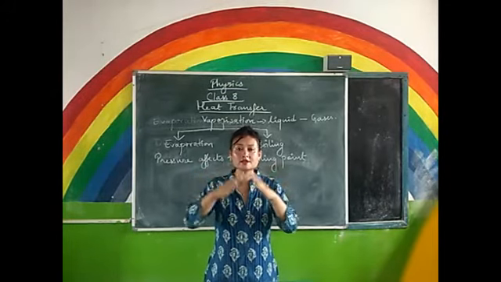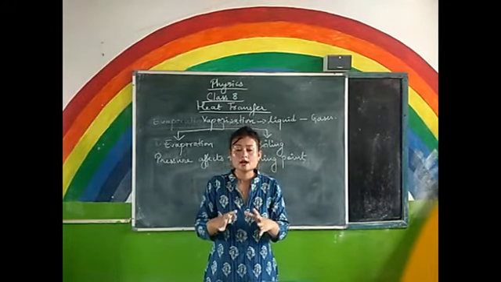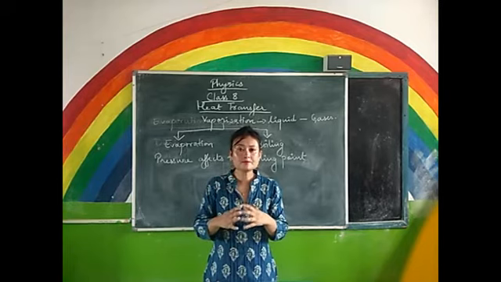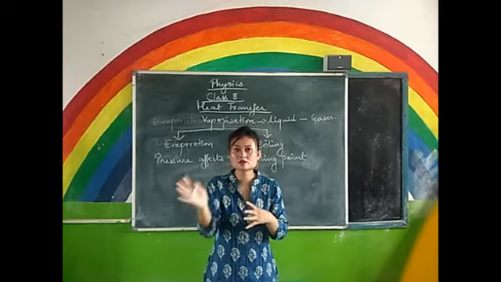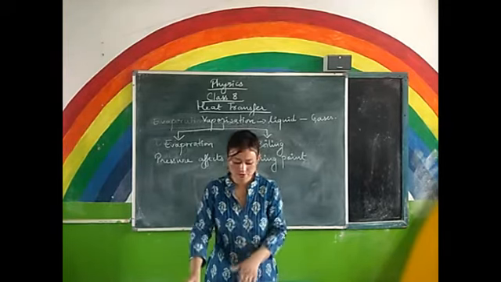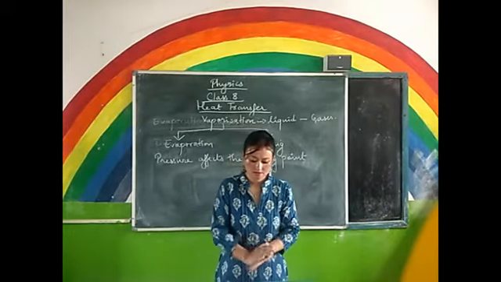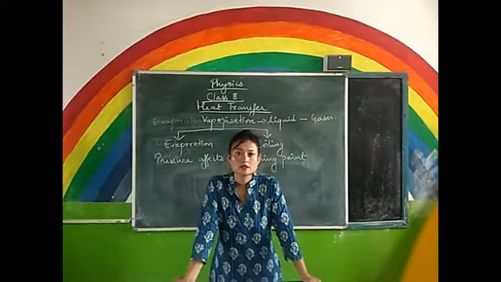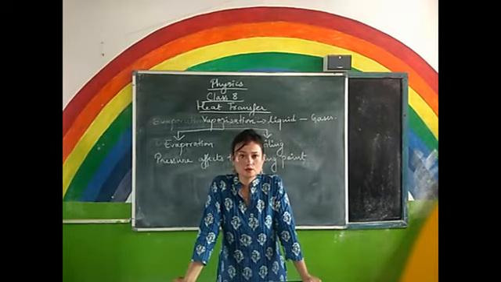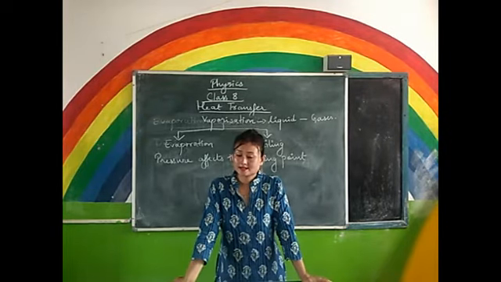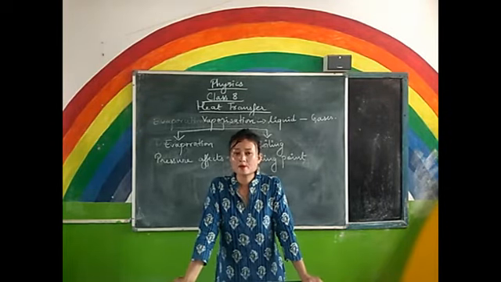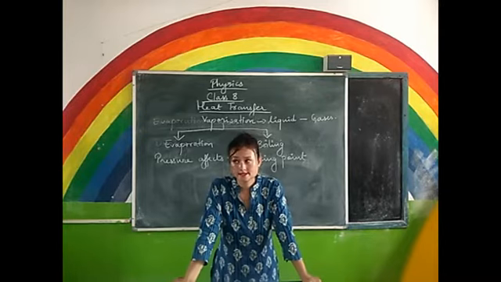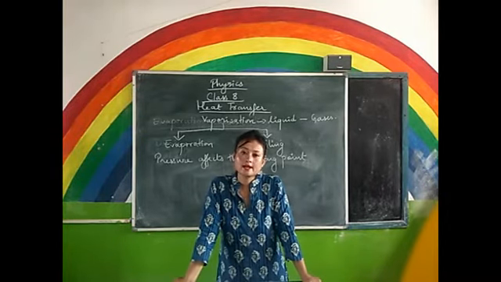So they create a pressure, and the pressure inside becomes more. And thus the food gets cooked easily in a lesser time and more properly. Thus, as I said, saving energy as well.